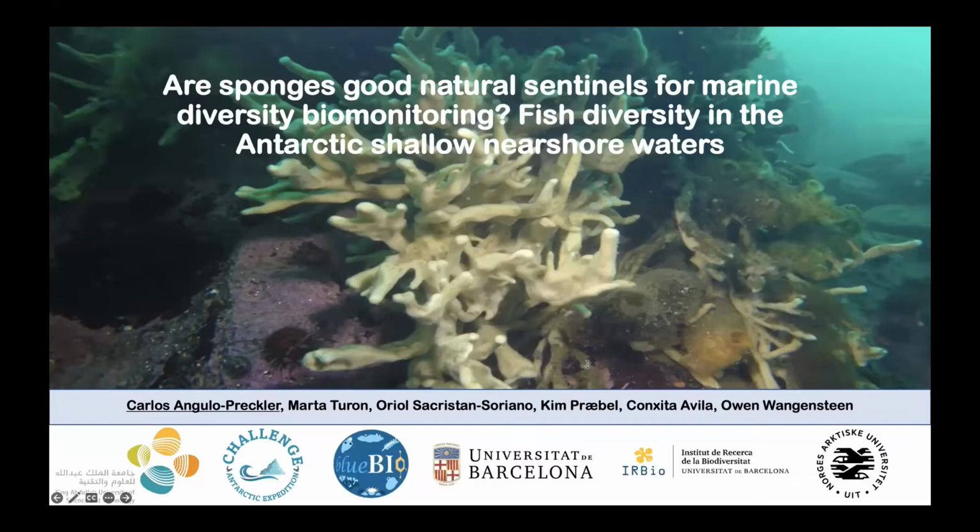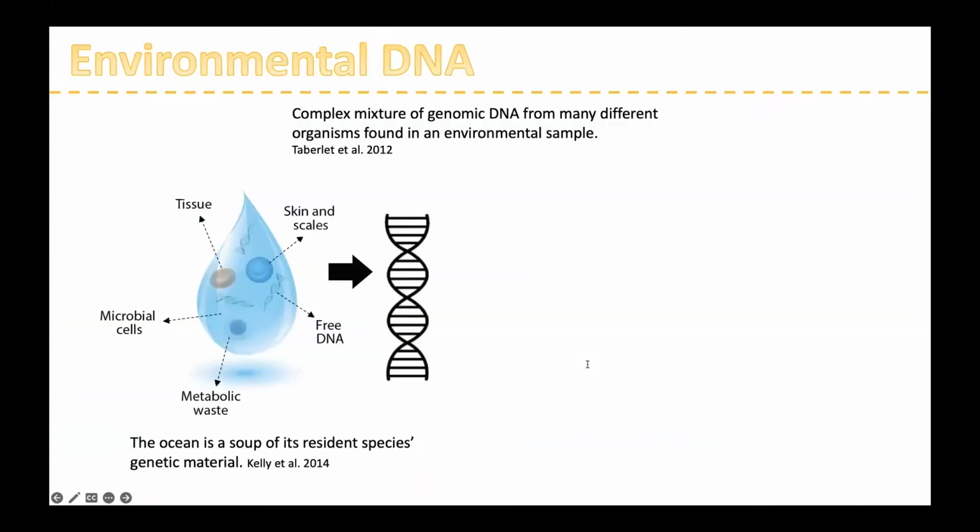to other shelf habitats. First of all, when we talk about environmental DNA, we talk about a complex mixture of genomic DNA from many different organisms found in an environmental sample. It can be a soil, air, or water sample. The ocean is a soup of its resident species' genetic material.